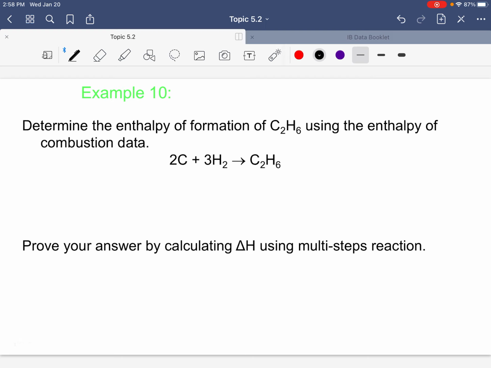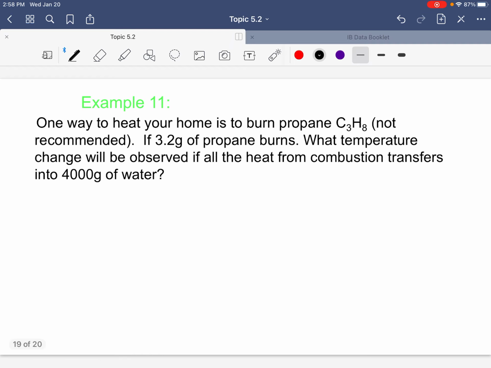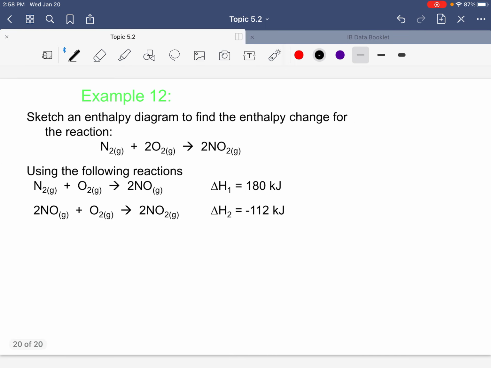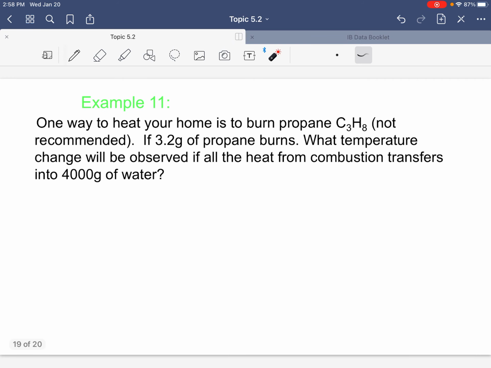I have example 10 here. And I want you to do example 10, example 11, and example 12. Example 12 is interesting. You're graphing this. This is sort of a way to see if you understand the whole nature of thermodynamics. And we'll take it up. Question 11, oh, this is a good question.